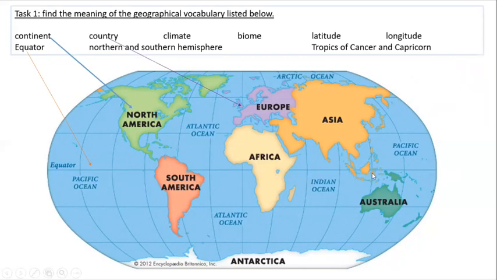So any countries that sit on or close to the equator are going to be very, very hot countries. Their temperatures are very hot, and they will remain hot for the majority of the year because they are close to this equator. So as you can see, these countries here that sit on it are going to have warm temperatures for the majority of the year round.